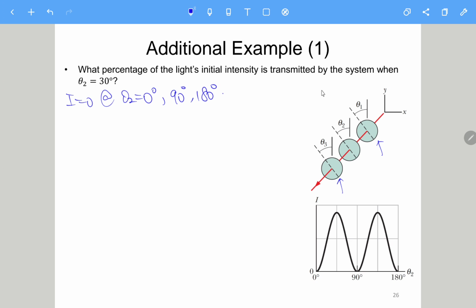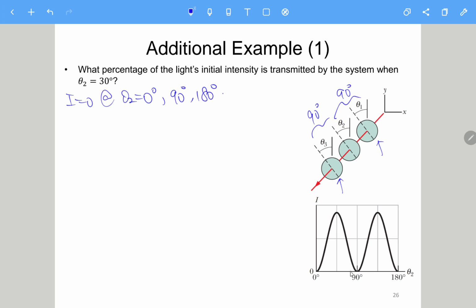Which means that the angle between theta 1 and theta 2, or between theta 2 and theta 3, should be 90 degrees to make the zero points at 0 degrees, 90 degrees, and 180 degrees. So you can imagine at least one of them should be 90 degrees.